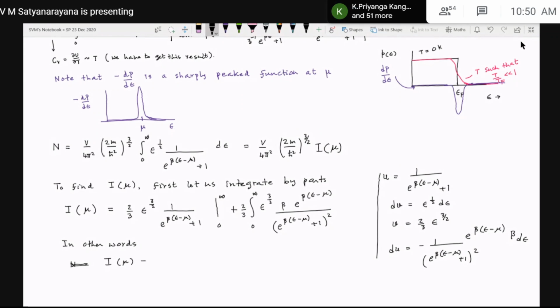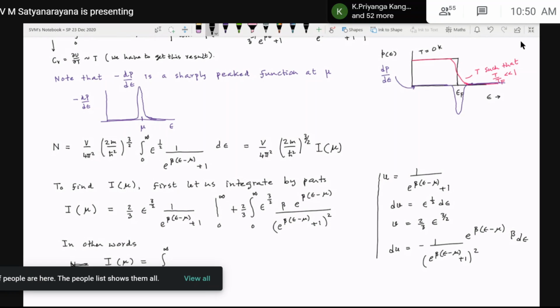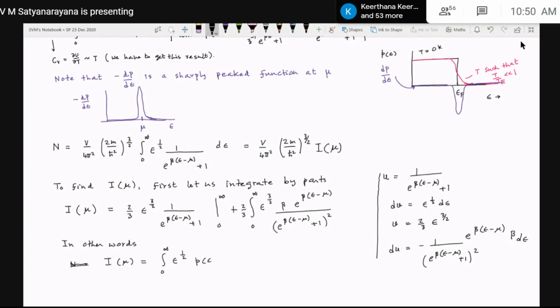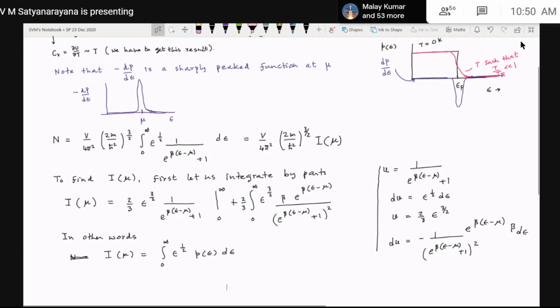I can write this I of mu as integral 0 to infinity epsilon to the power half into P of epsilon d epsilon. So I can simply leave it as P of epsilon d epsilon.